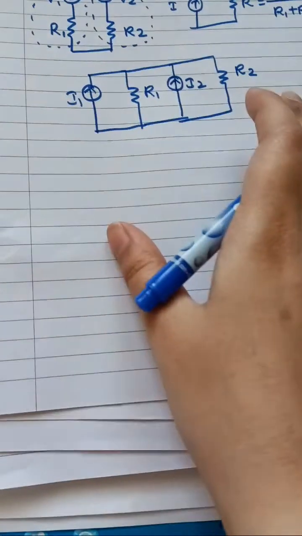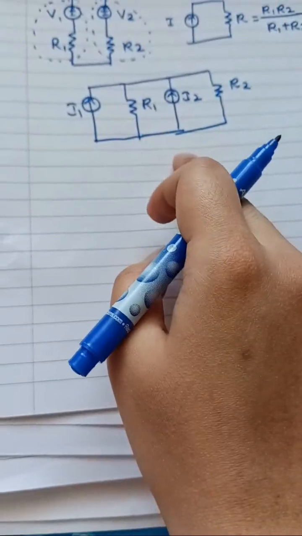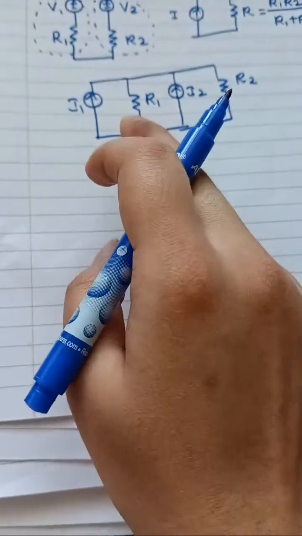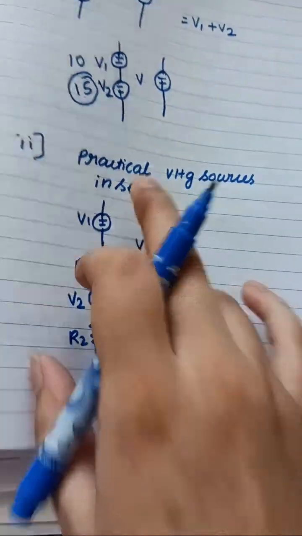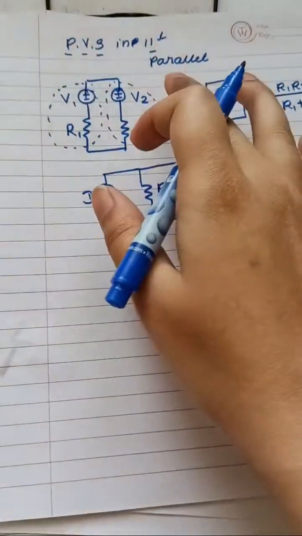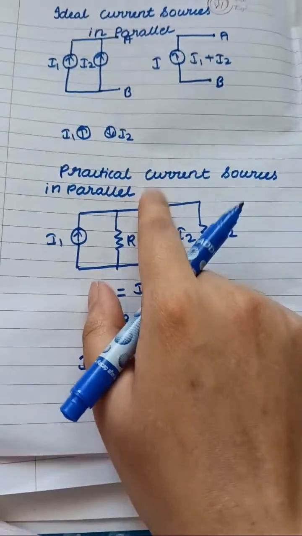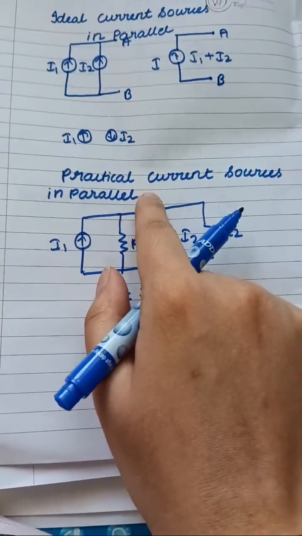So now we got to know what is practical voltage source in parallel, right? We also learned practical voltage sources in series. Now we have also discussed practical voltage sources in parallel.